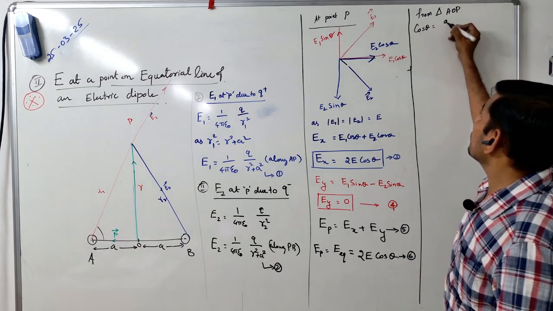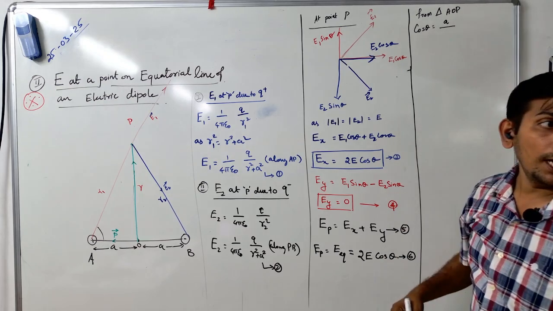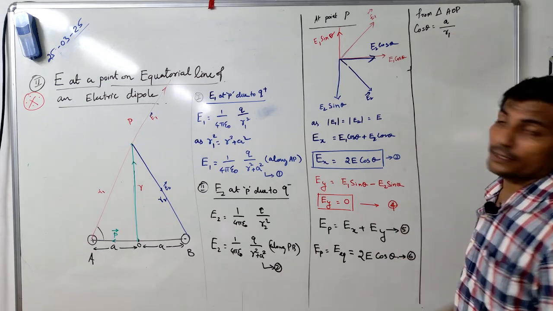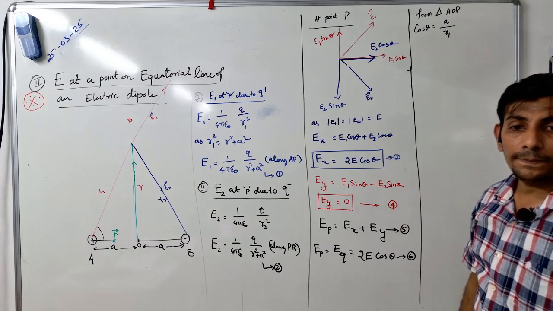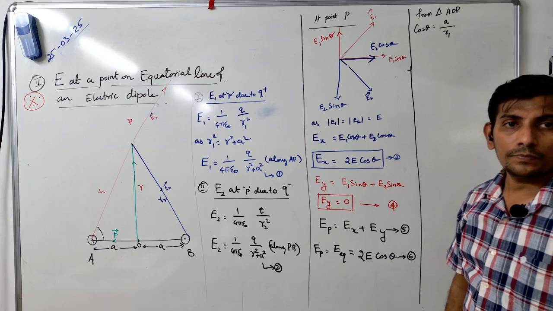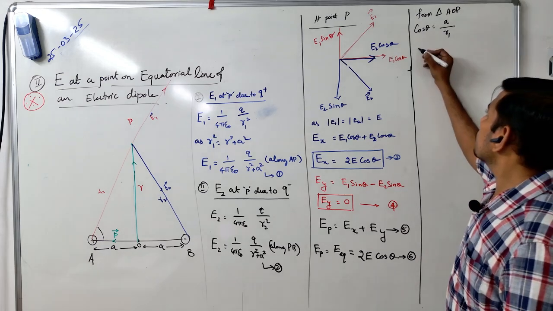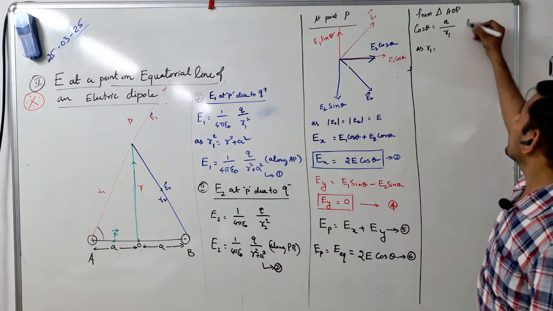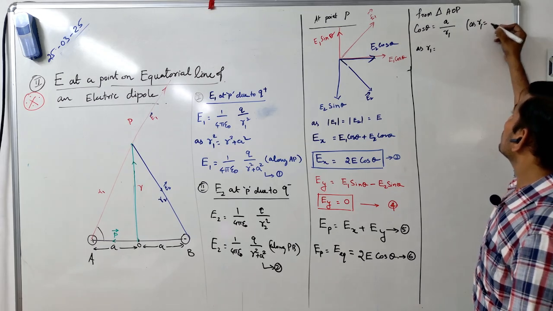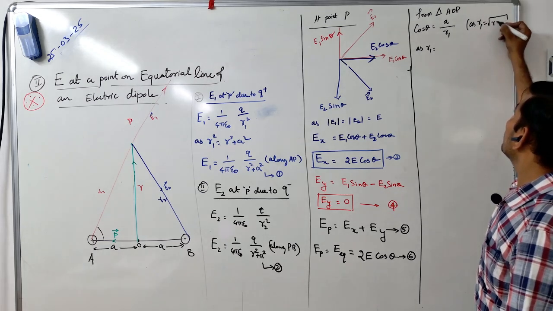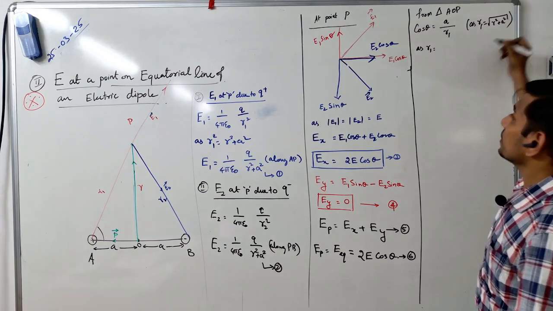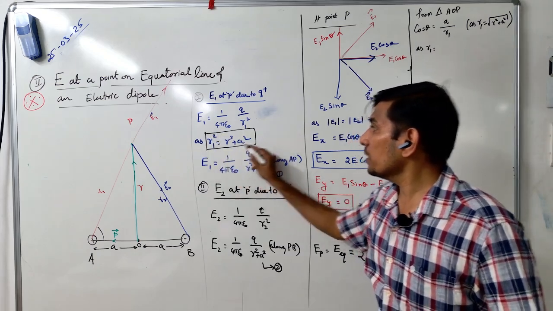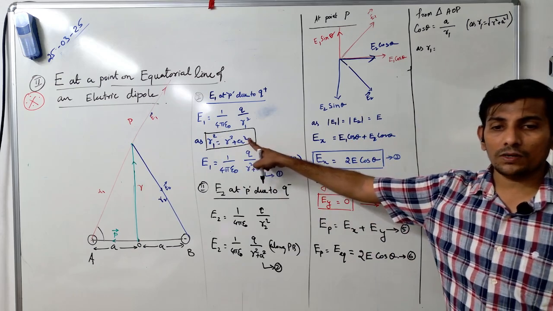That is, adjacent is A, divided by hypotenuse, which is R1. As R1 is equal to root of R squared plus A squared. From this, calculate R1.